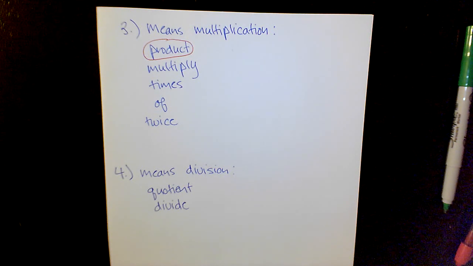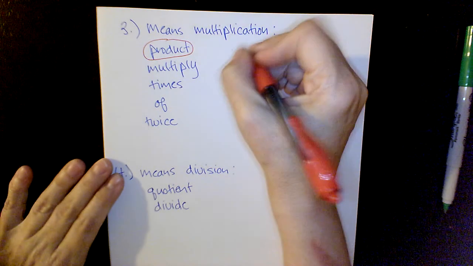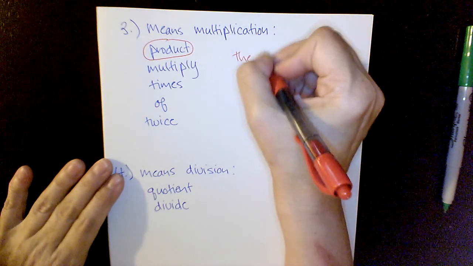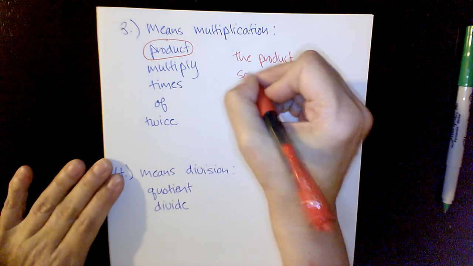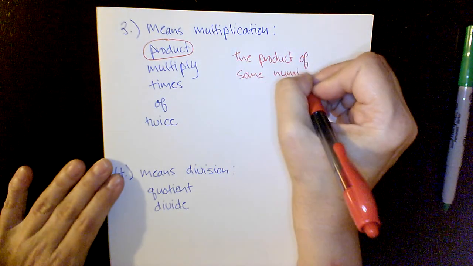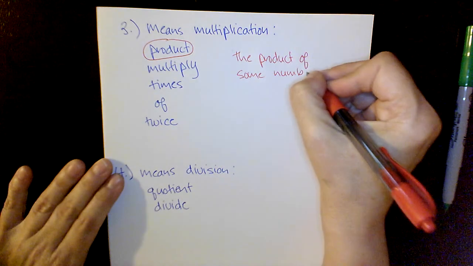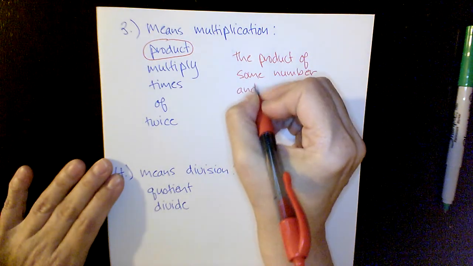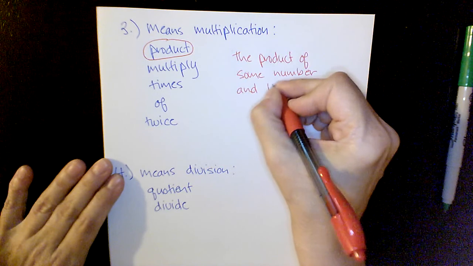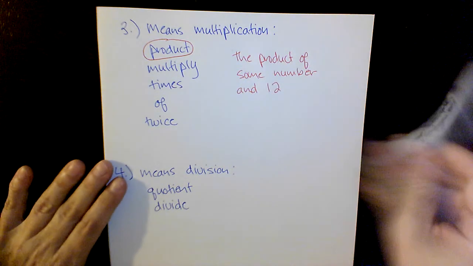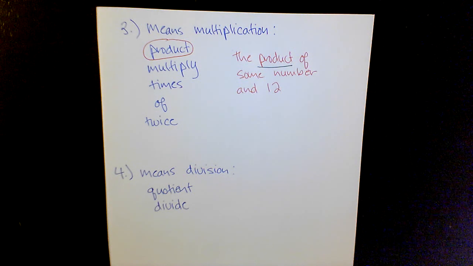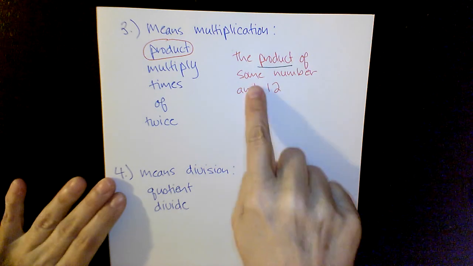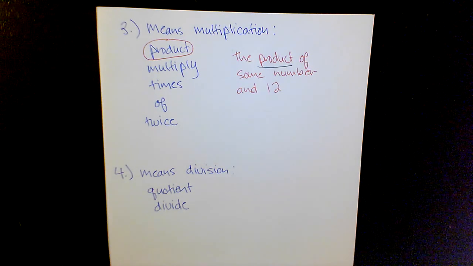Let me do an example. How would I write the product of some number and 12? I see my keyword is product, and I know that's going to mean to multiply. And for some number, remember, use X or Y, that's what it says on Hawks.